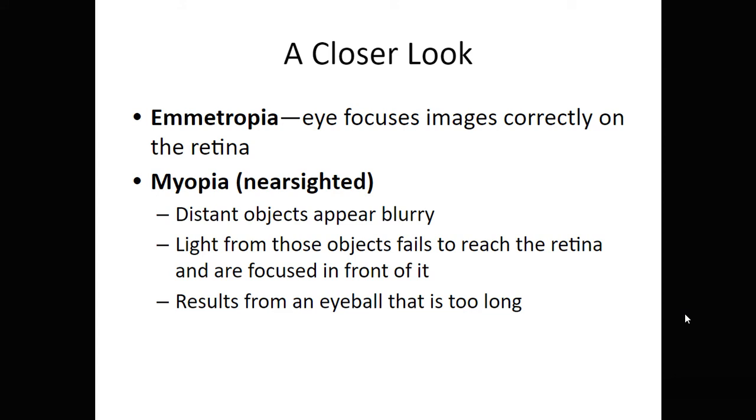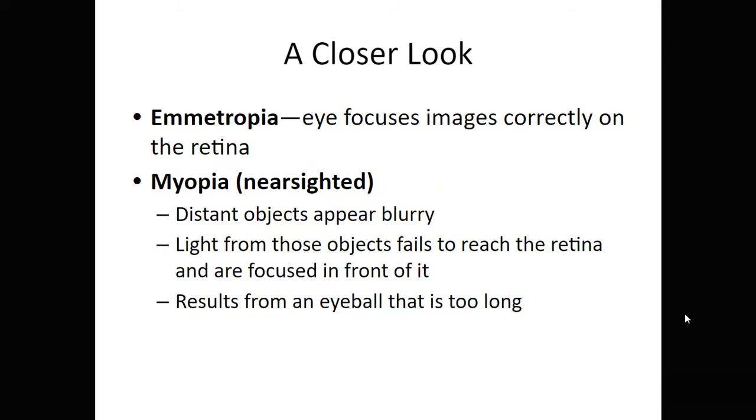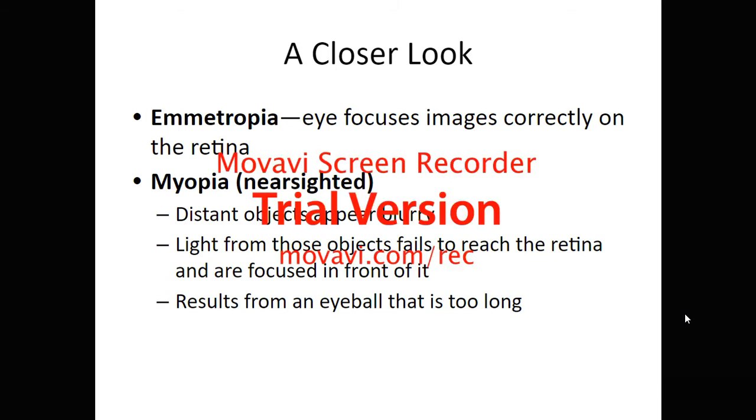Then once that light has excited the rods and cones, the rods and cones send the signal back to the bipolar cells, and then the bipolar cells send a signal to the ganglion cells, and then the ganglion axons form the optic nerve, and that sends the sensory signal out of the eye into the brain, through the optic nerve.